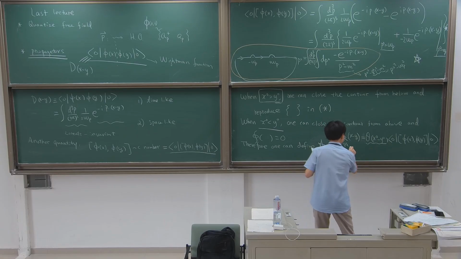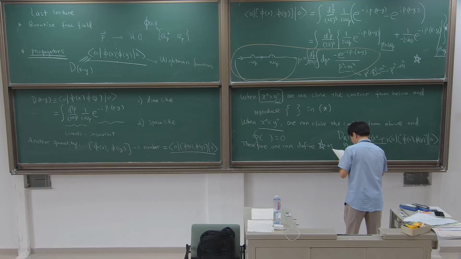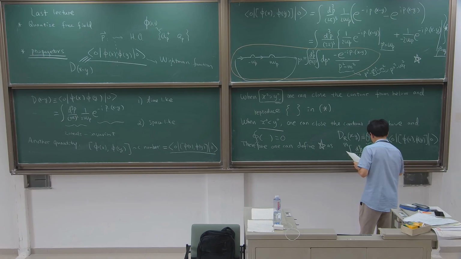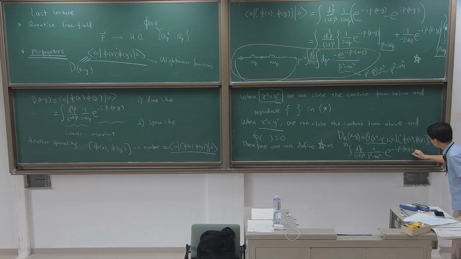As said, this is defined by a four-dimensional p integral of i over (p squared minus m squared) times the exponential of minus i p dot (x minus y). Just writing down this integral is not enough.